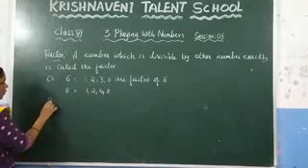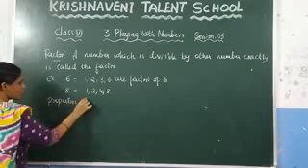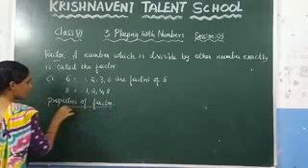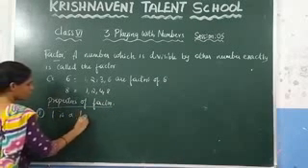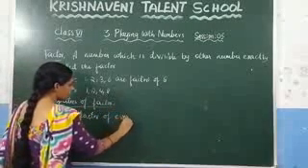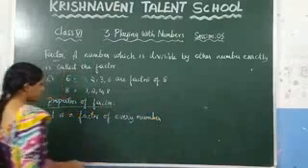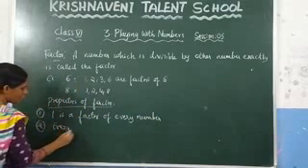Now write the properties of the factors. What are the properties of the factors we discussed? We know that 1 is a factor of every number. So write it here: 1 is a factor of every number. And after that, we know that every number is a factor of itself.